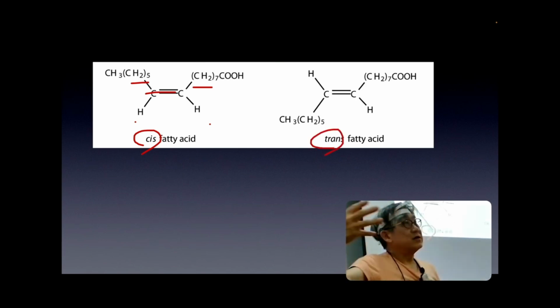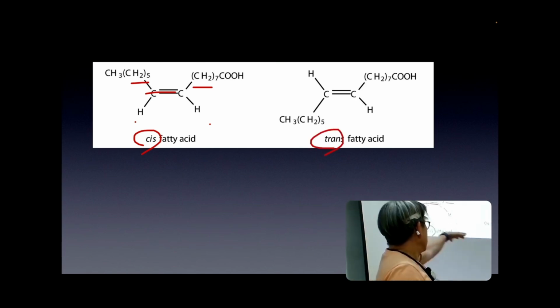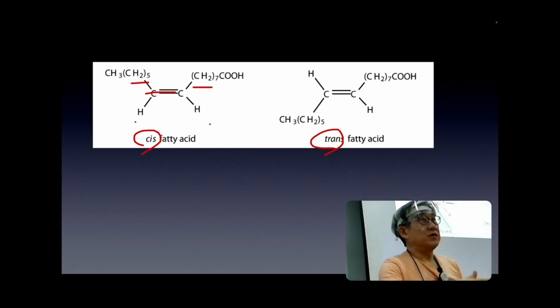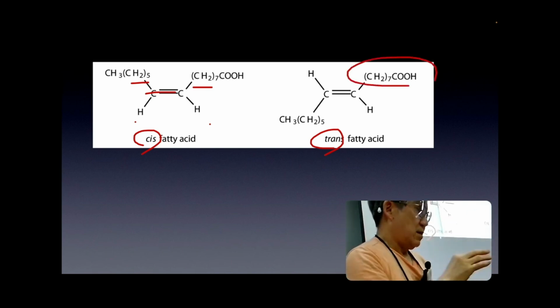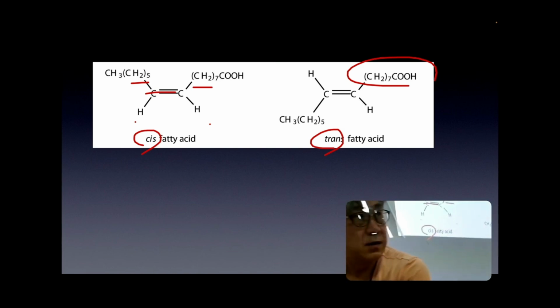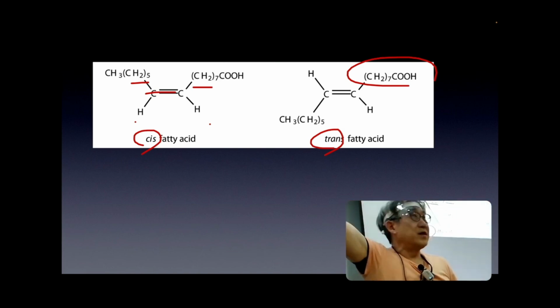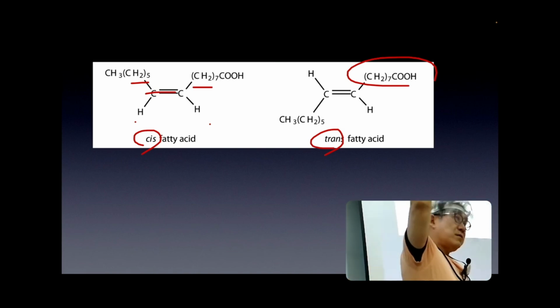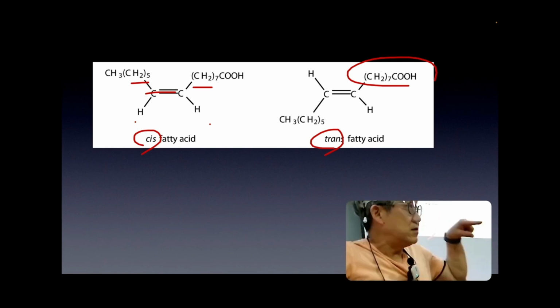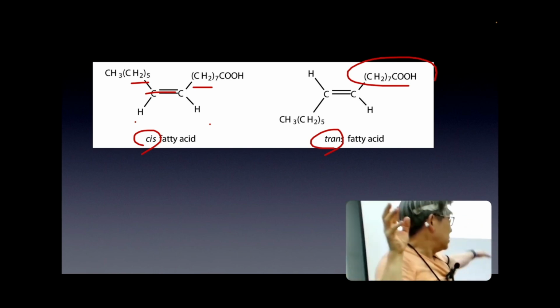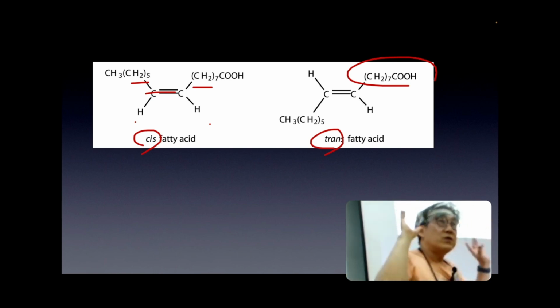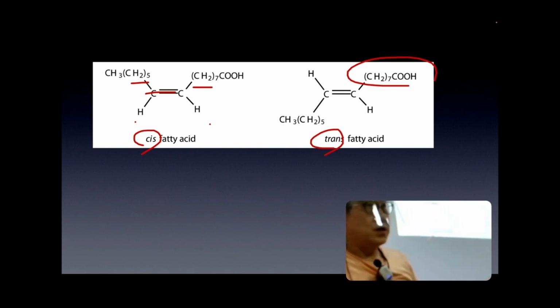Trans means different. Here, you have another alternative of arranging this double bond, just like you are doing this hustle dance. One carbon is on this side and the other carbon is pointed below the plane, and we call that a trans double bond.